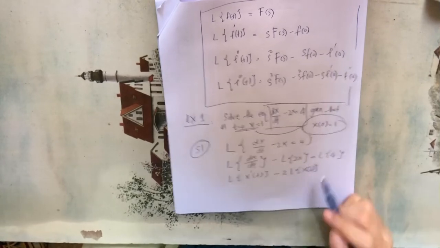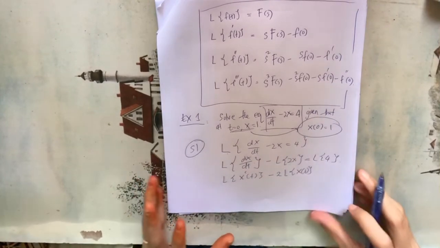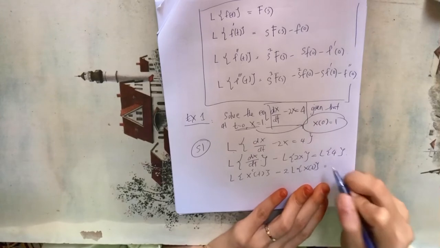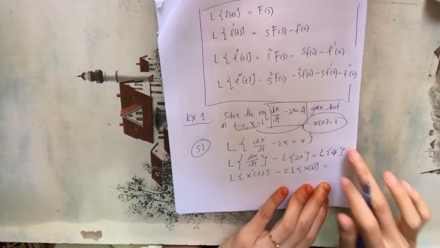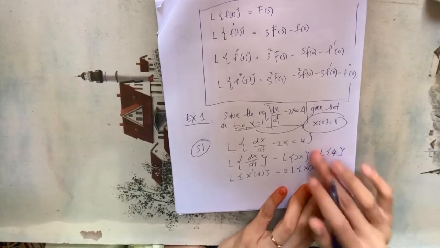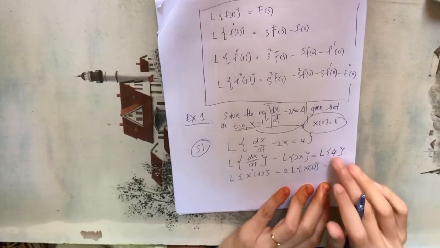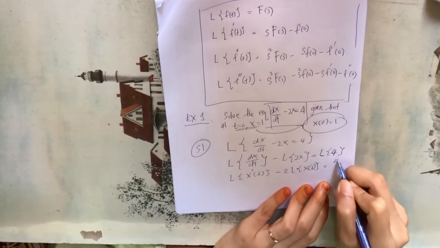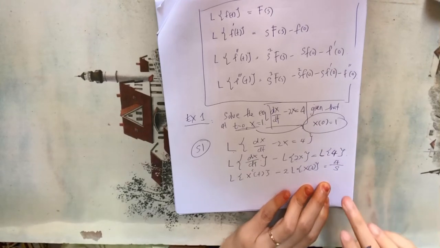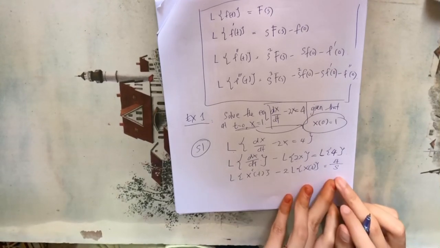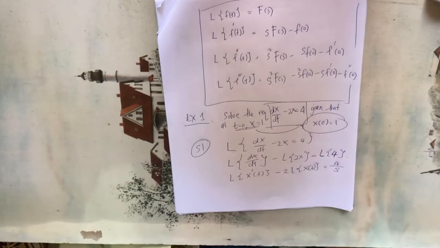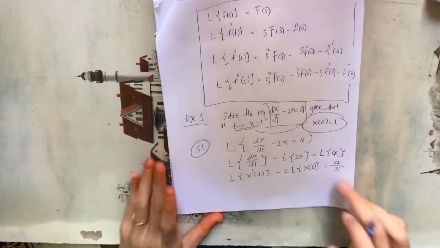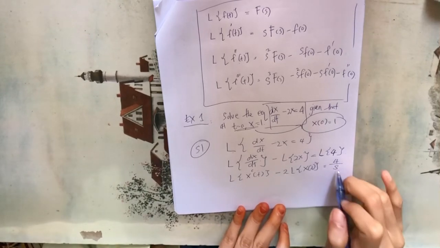The last one is the Laplace transform of 4. Using your table, the Laplace transform of 4 is 4 over s. I don't want to repeat many times, so just use your table.